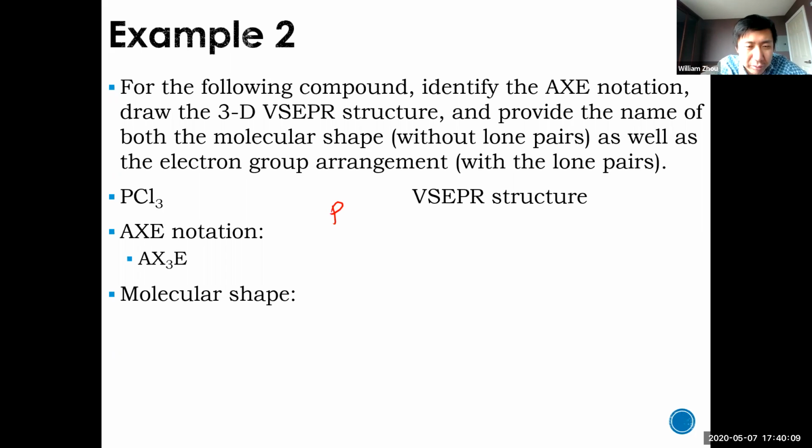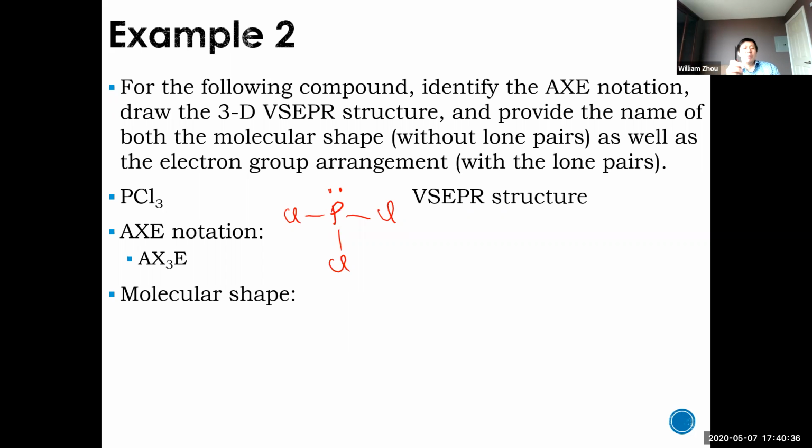You have a phosphorus, you have 3 chlorines, and a lone pair. Okay, I'm not going to bother drawing the electrons on the chlorines. That's a waste of time. So that is your Lewis structure, and we learned how to do that. If you need time to work on this, to draw the Lewis, please do, because you need the Lewis. So once you have that, it's really clear: AX3E.